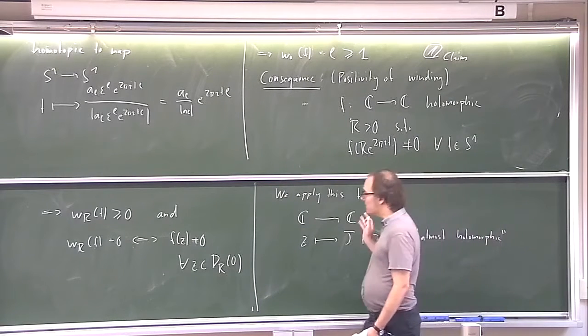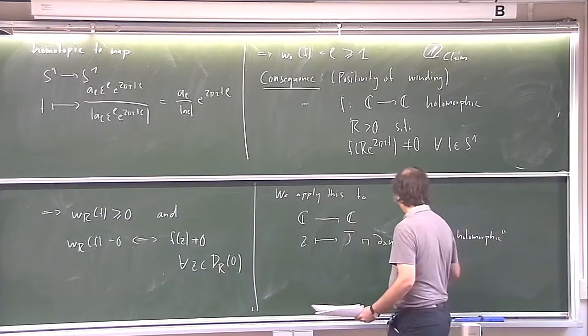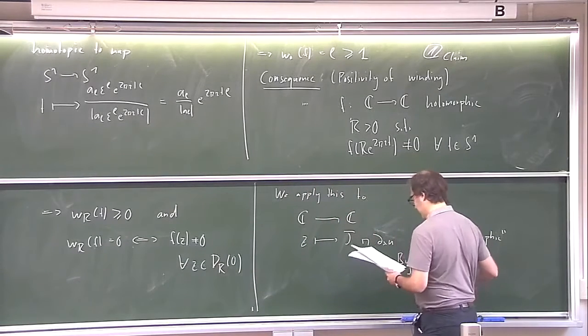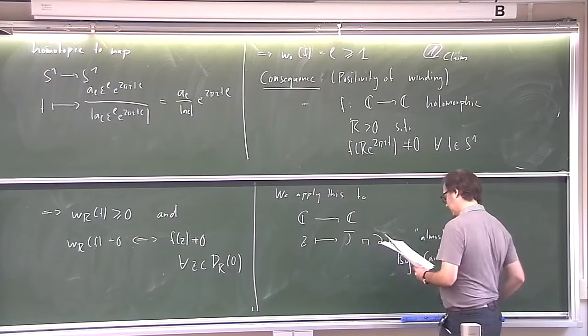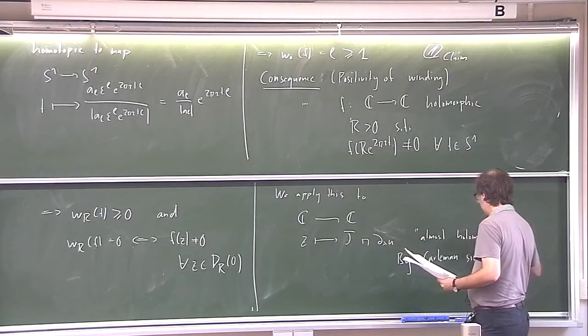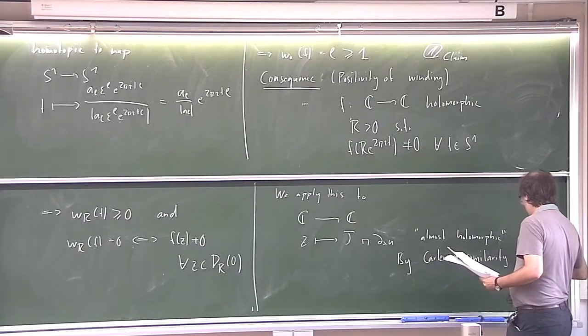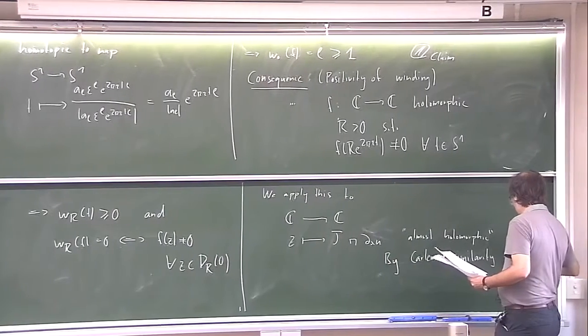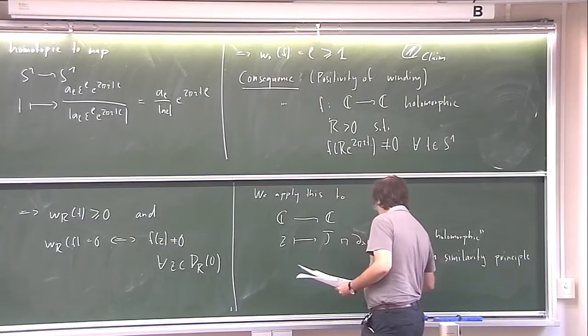So by this Carleman similarity principle, you can think of it as a holomorphic map, and this positivity of winding holds.